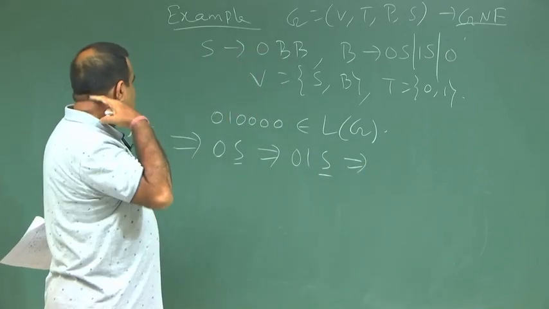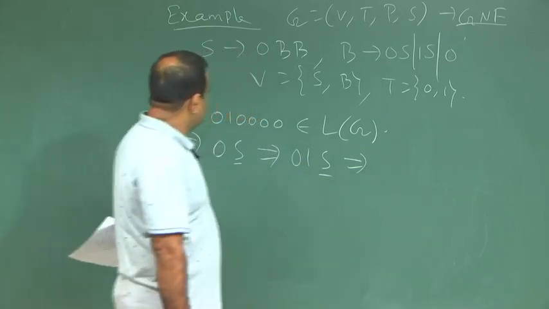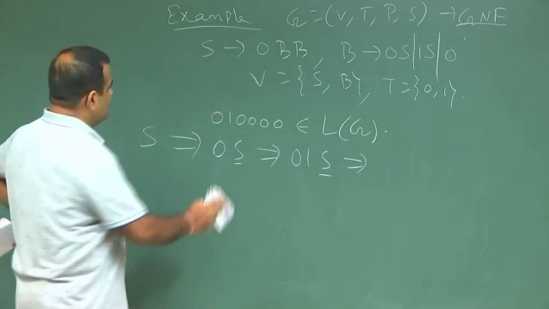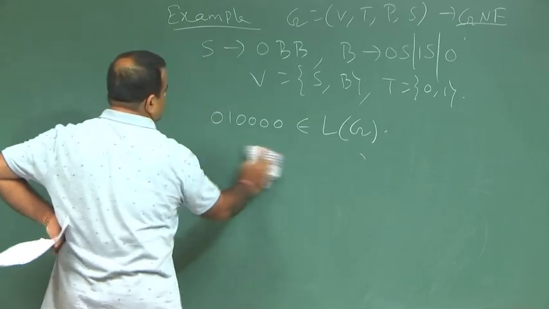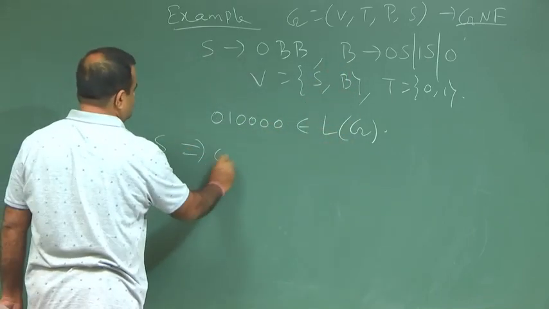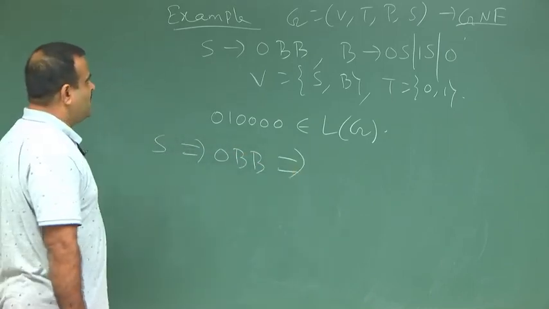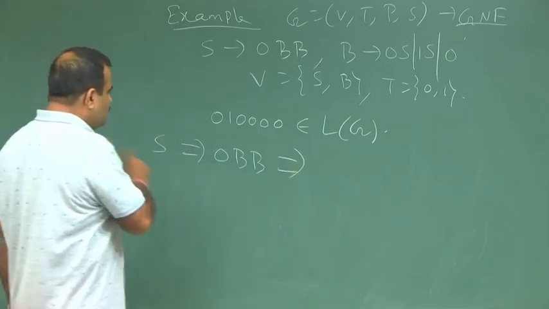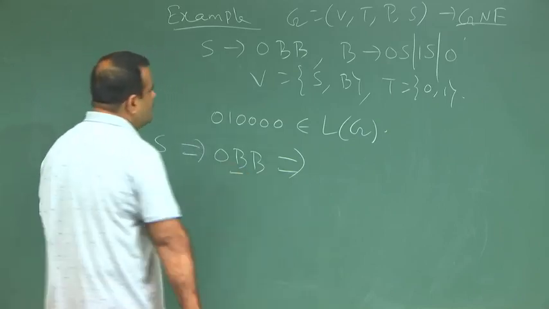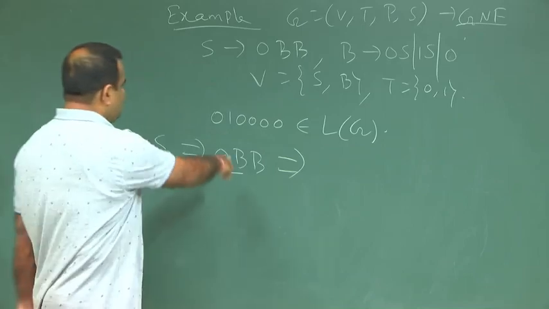So, 0 1 S again, then this S again, sorry, this is not S, this is B, sorry, I made a mistake. So, S is going to 0 B B. Okay. Now, since we want a leftmost derivation, this B we can replace by one of these, but we have to have this 1.